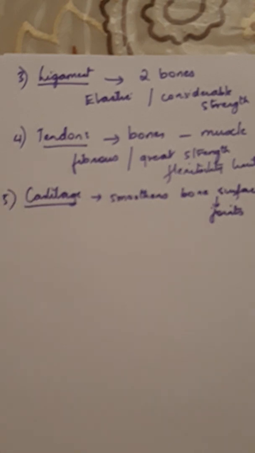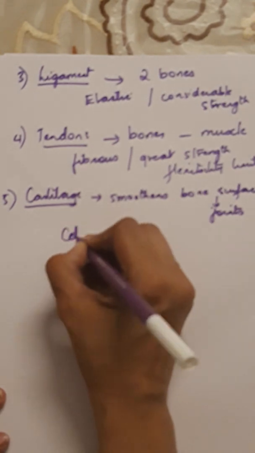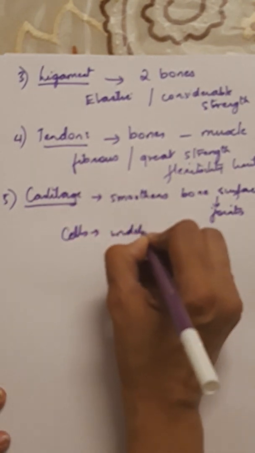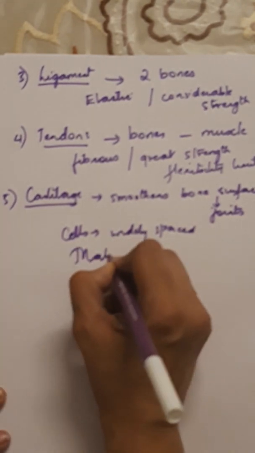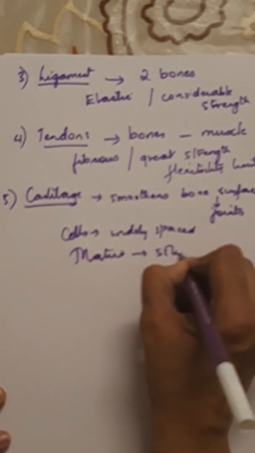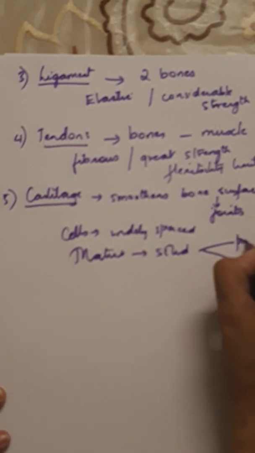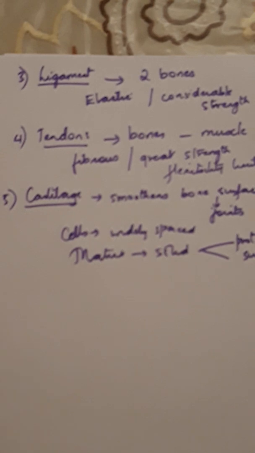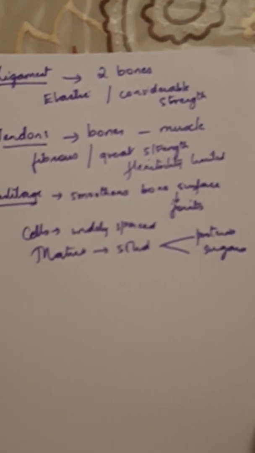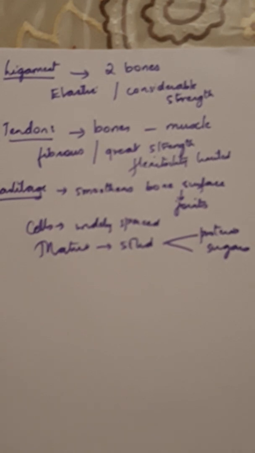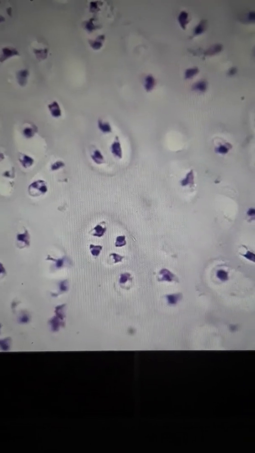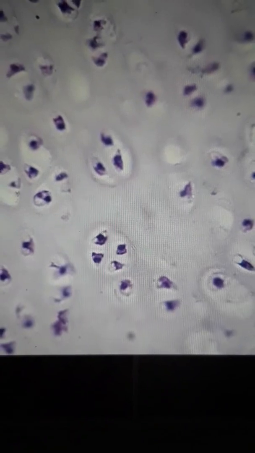The cartilage is made up of cells which are widely spaced, and the matrix, the background substance, is solid, and it is composed of proteins and sugars. So remember, the cartilage is composed of proteins and sugars. This is a picture of the cells that make up the cartilage.